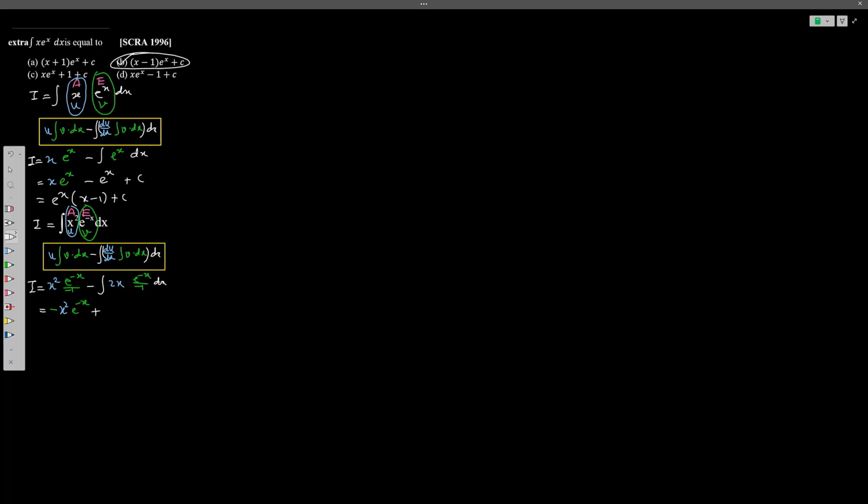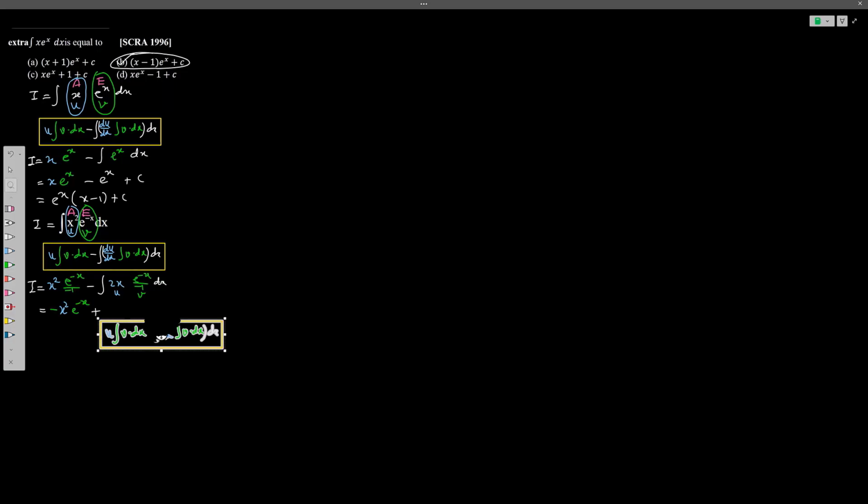The integration of 2x is not direct. See, again here we have two functions in multiplication. One more time, we have to apply multiplication rule. This time 2x will be your u and e raised to minus x will be v. Okay?